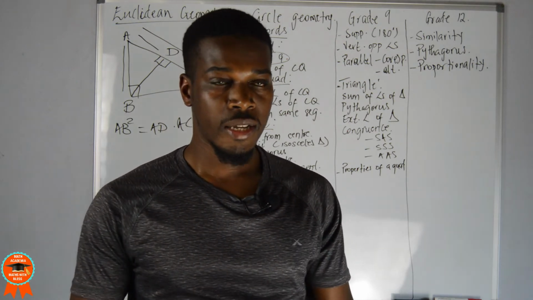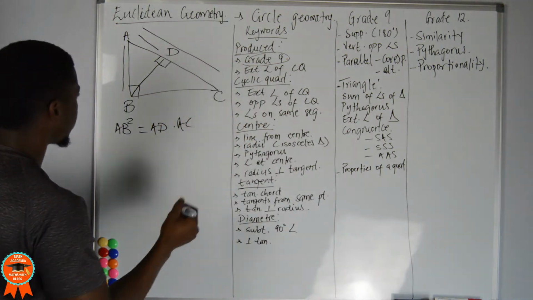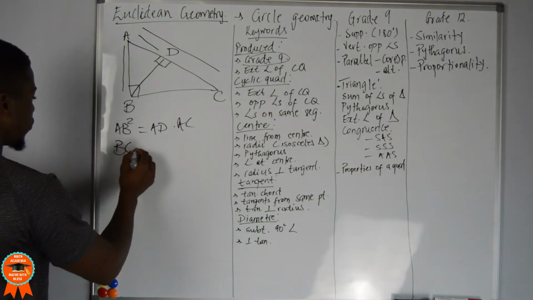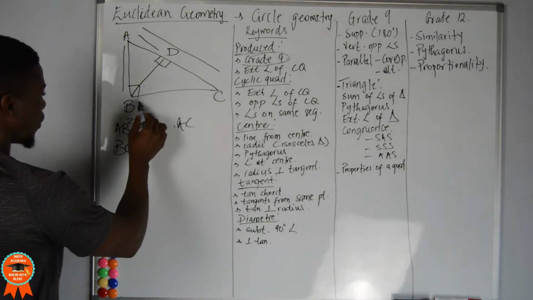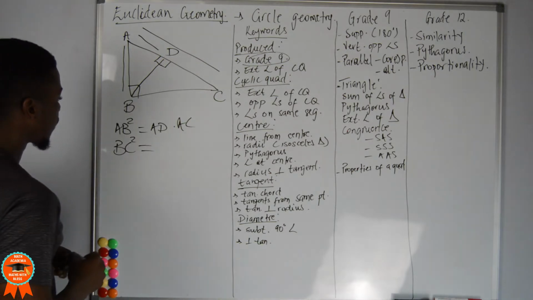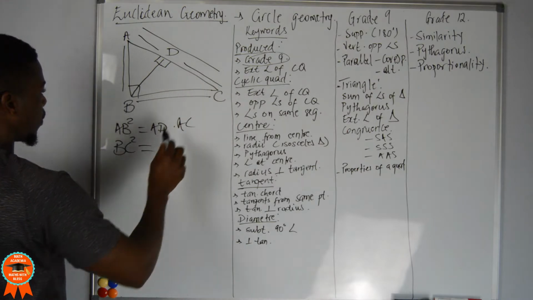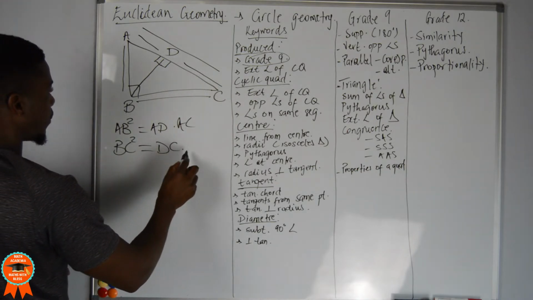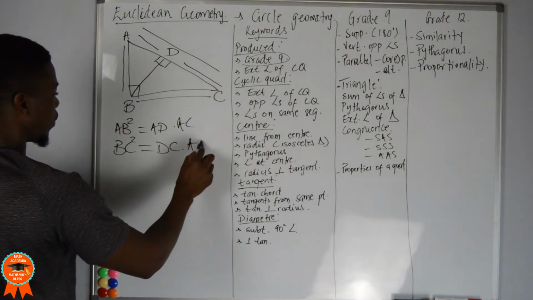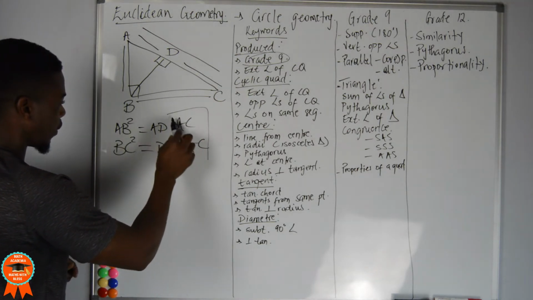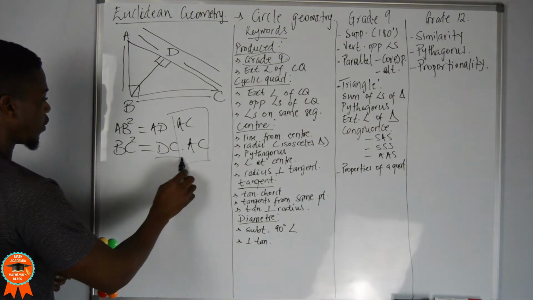The closest side multiplied by the hypotenuse. Then from there, Pythagoras says BC squared is equal to, BC is this one, the closest side, which is DC, times the hypotenuse AC. So the hypotenuse is common in Pythagoras. The change is the closest side.